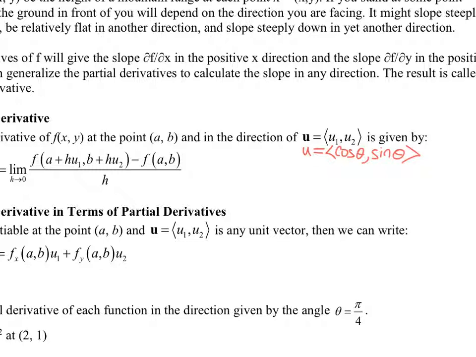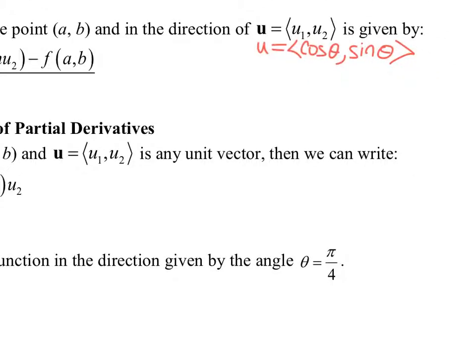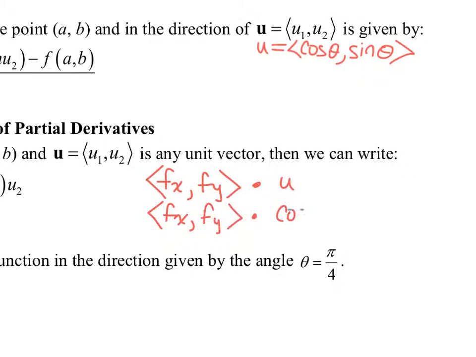I guess it doesn't really matter, but what's happening is you're taking the dot product between the partial derivative vector and the unit vector. So just off on the side here, I'll show you. If you have a vector containing your partial derivatives and you dot that against u, that would be the same as dotting it against cosine theta, sine theta.